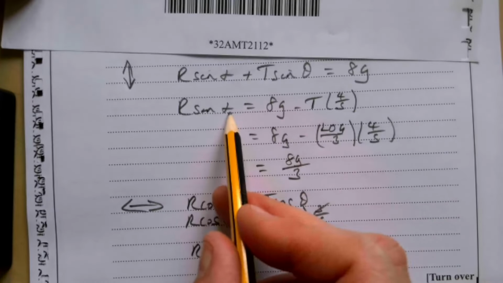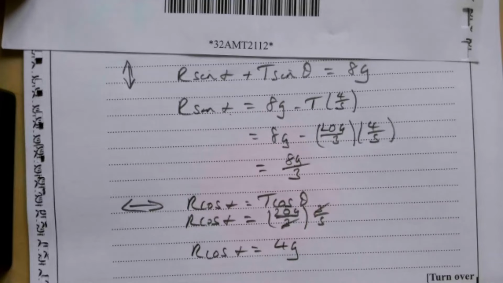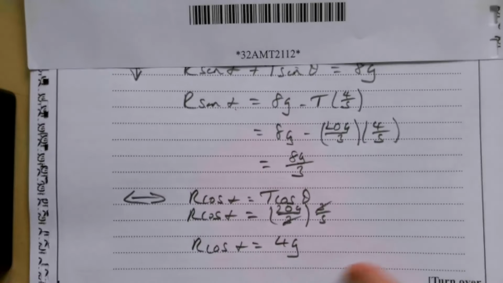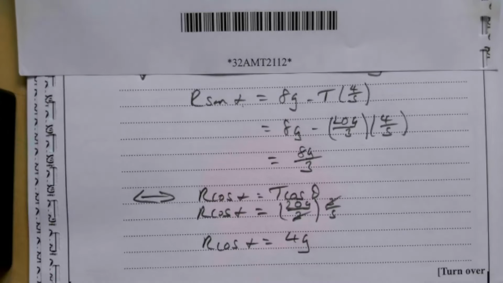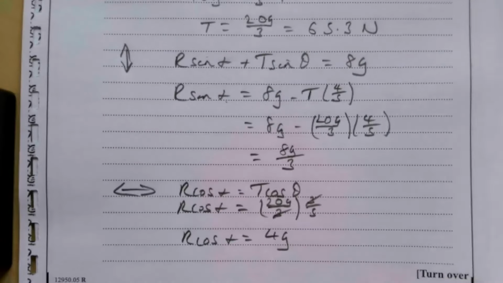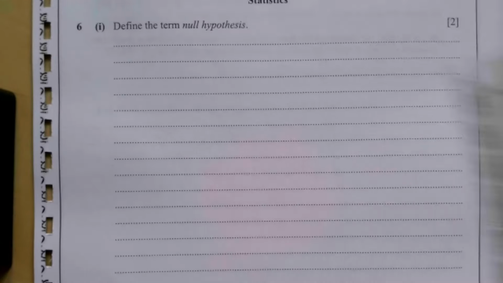Hopefully we know the trick. R sine alpha over R cos alpha is going to give us tan alpha, so that can help us work out alpha, and then I can work out R after that. So let's change pages.